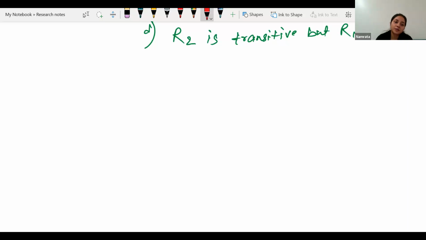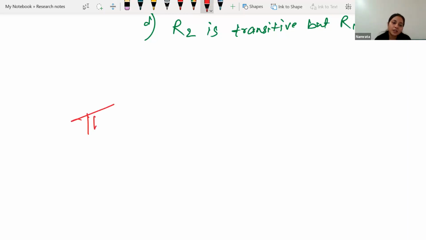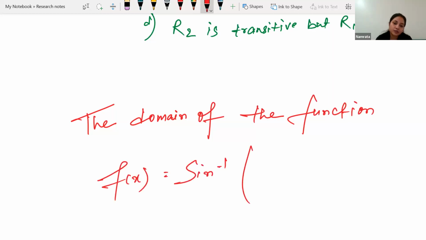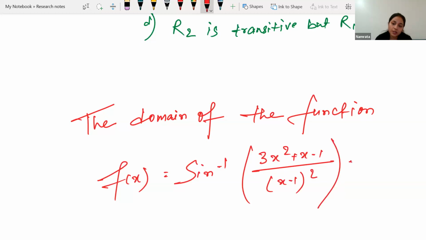question we are having: the domain of the function f of x is equal to sine inverse of (3x square plus x minus 1 over (x minus 1) whole square) plus cos inverse of (x minus 1 over x plus 1).